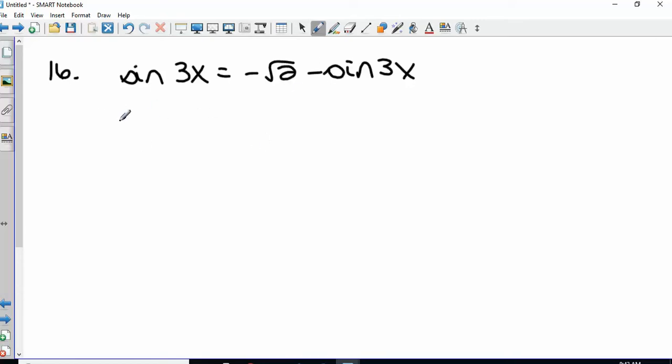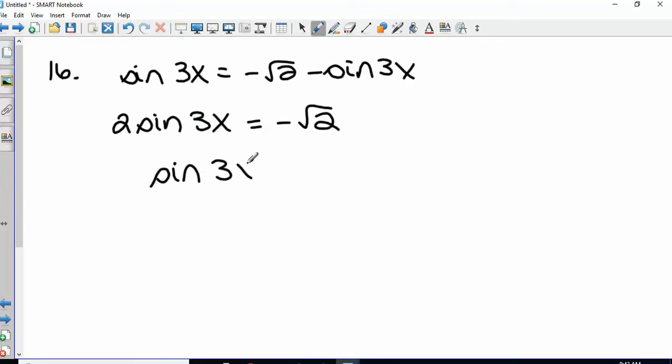So what do we need to do here? Add over the sine 3x. Divide by 2. So then I have sine equal to a negative. So quadrants.